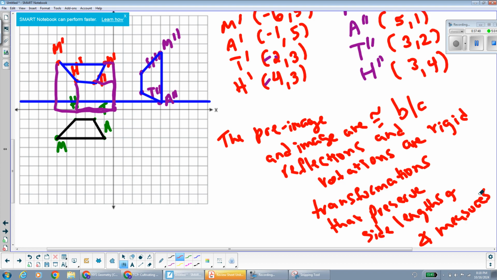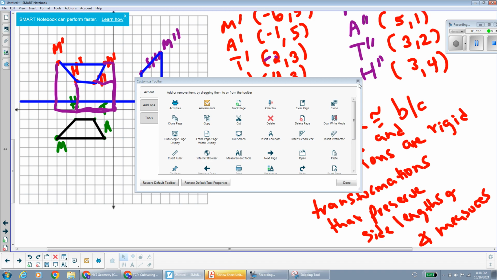And that is the last question on this, oh no, that's not the last question on this review sheet. I thought it was. Let's move along then.